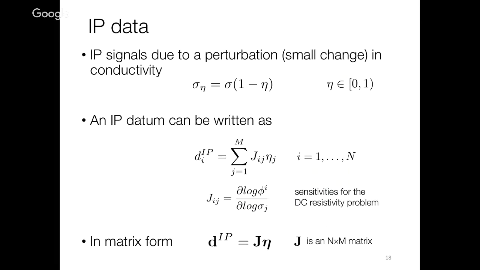So the bottom line with all of this is that chargeability is effectively perturbing the conductivity, maybe 10%, 5%, or something like that. And without going into details, that allows us to make a relationship between any IP data that we have and this chargeability.